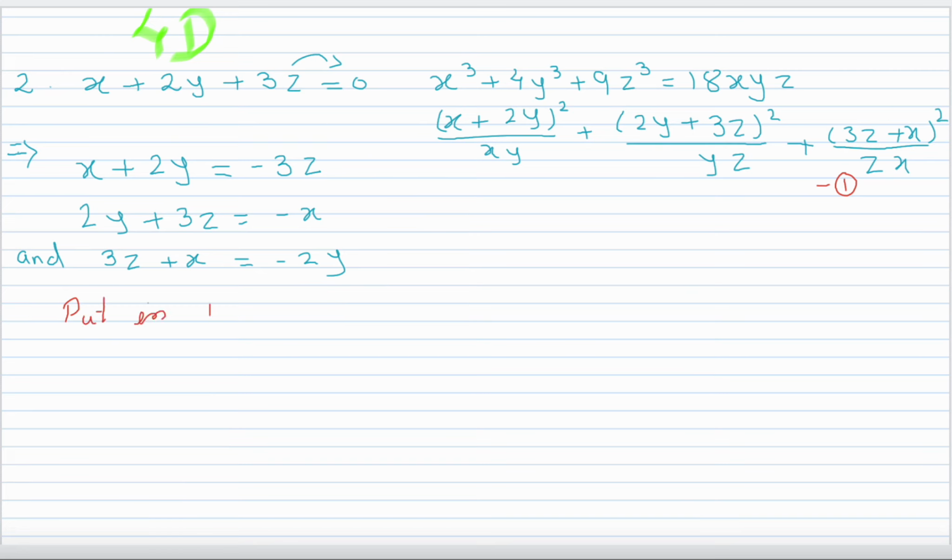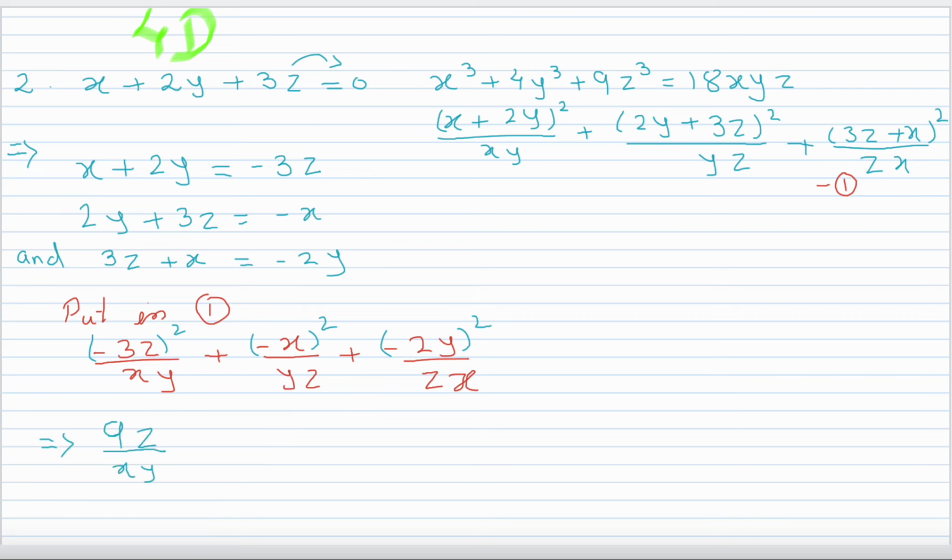So what will you get? This one is a square, so you will get this value. And one more thing I forgot to write, this one is a square, so you have to write a square square.